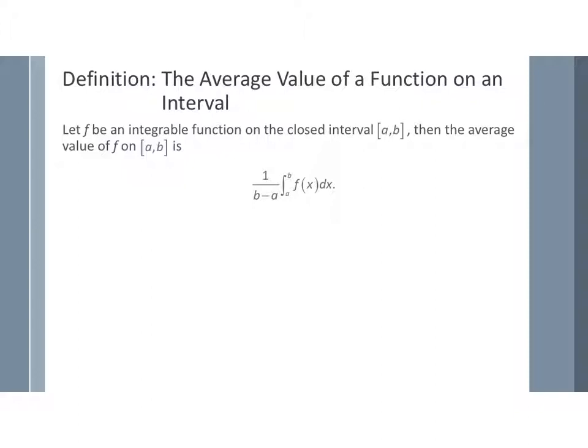So this f of c is called the average value of the function, and that's typically the easier portion to find, and then go and find c after that.